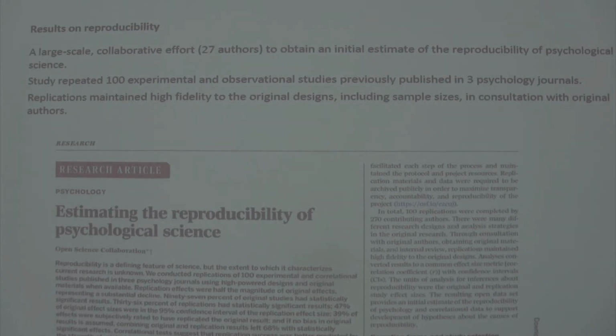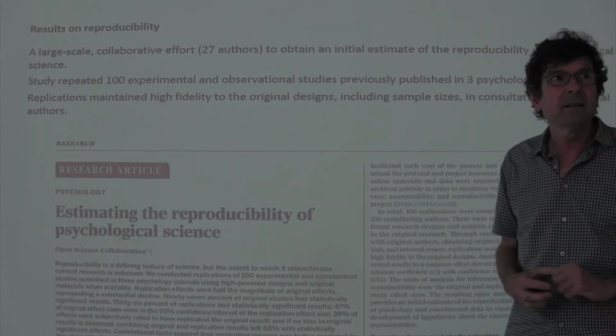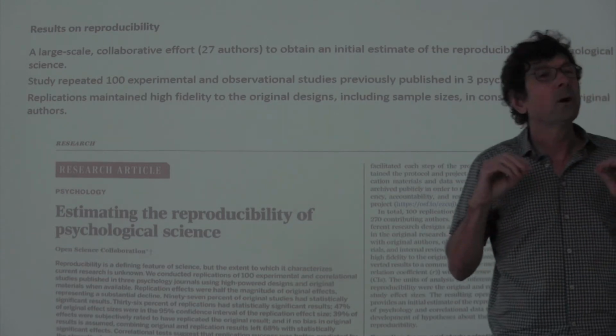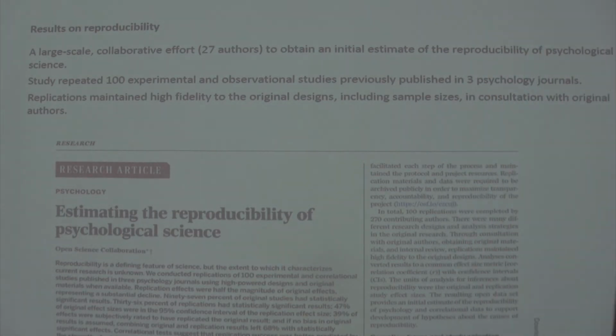So you're all new graduate students, you're idealistic, you want to produce something new and innovative, and who wants to repeat a study that's already been done? Like, what career path is that? Well, it's not bad if you maybe scale up your ambition again a bit. Repeat 100 such studies, which is what this collaboration was about.